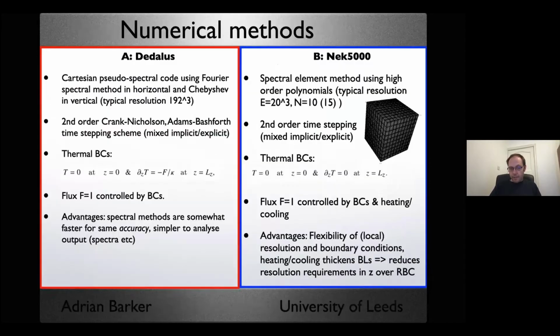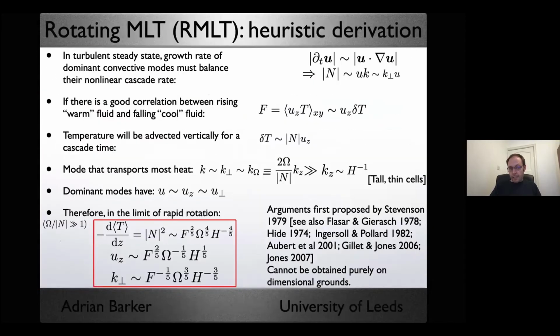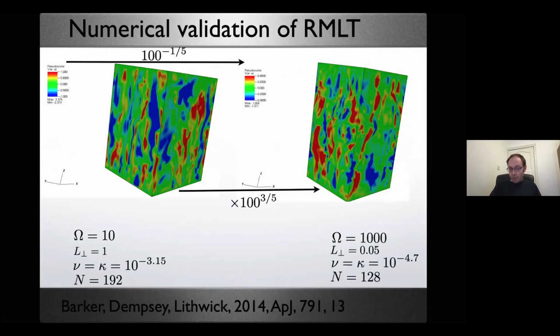So 100 to the 3/5 is a scaling for the length scale and how that should scale as you vary the rotation rate. So you can see, at least qualitatively, that this isn't completely wrong, in that it seems to give you roughly the right convective velocities as you vary the rotation rate in this regime, and also the right horizontal length scales as well, that are well described by the theory.